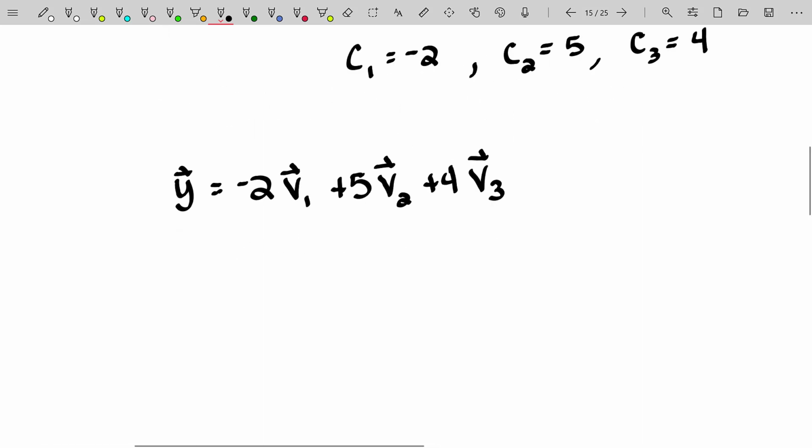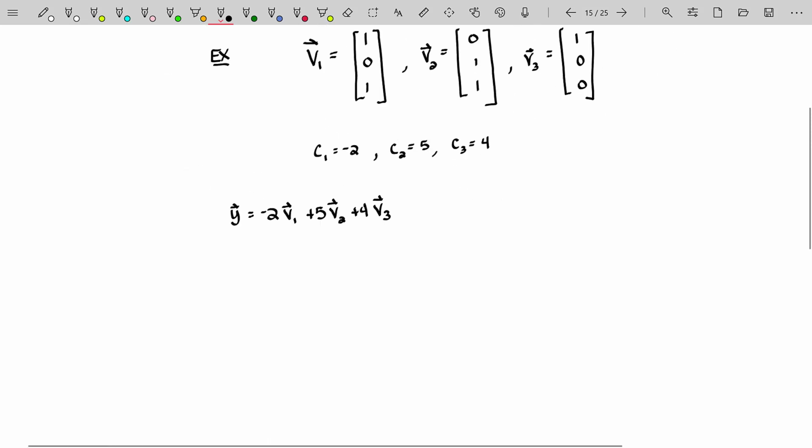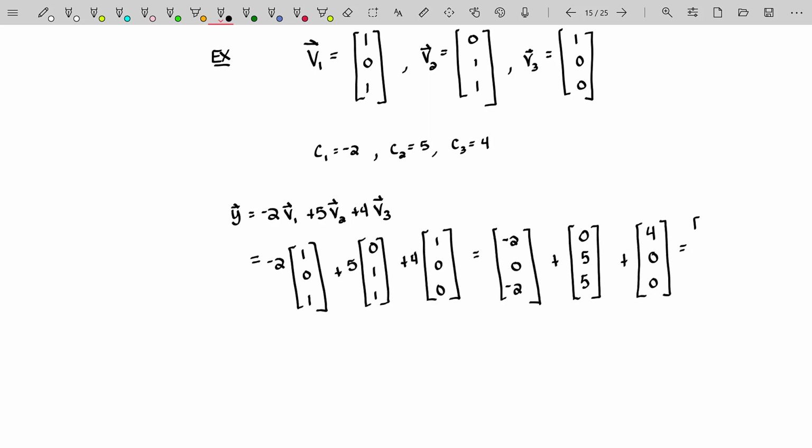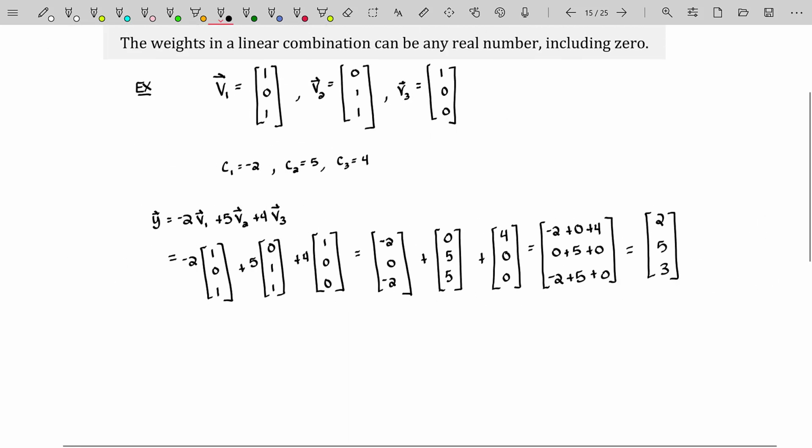And of course, you can compress those down into the single vector just using properties of vector addition. There you go. The vector 2, 5, 3 is a linear combination of the vectors v sub 1, v sub 2, v sub 3. How did I get that vector y, which is 2, 5, 3, from those three vectors? I used the weights -2, 5, and 4.